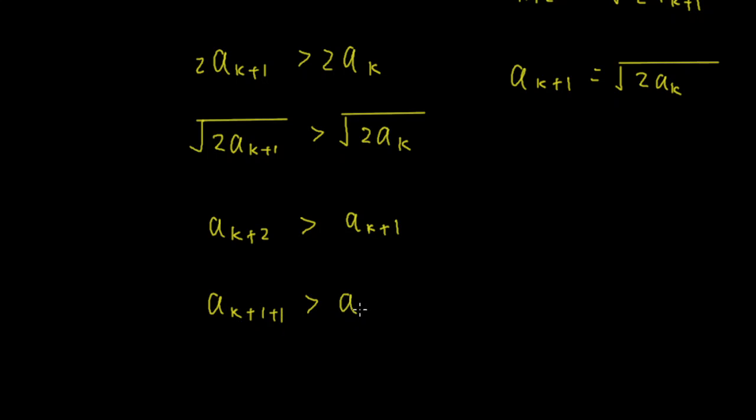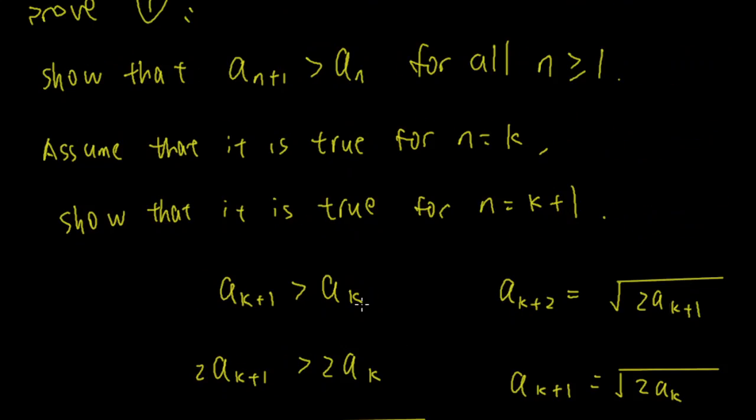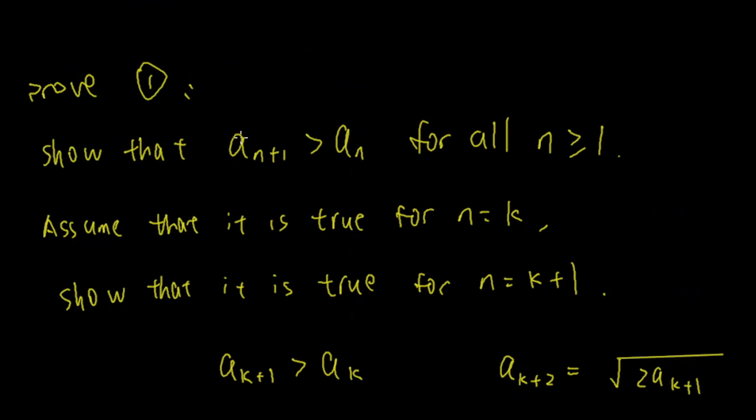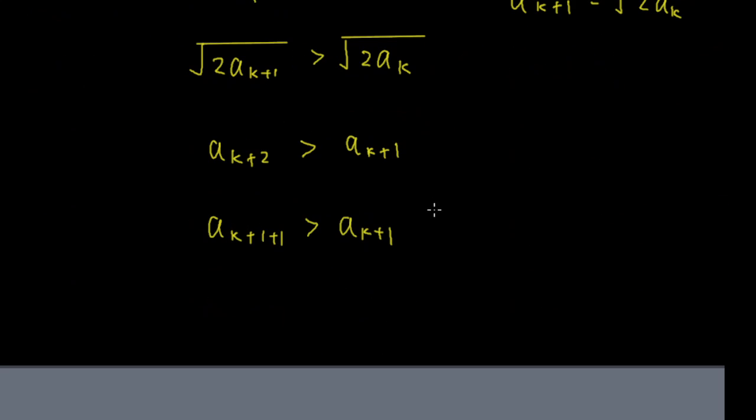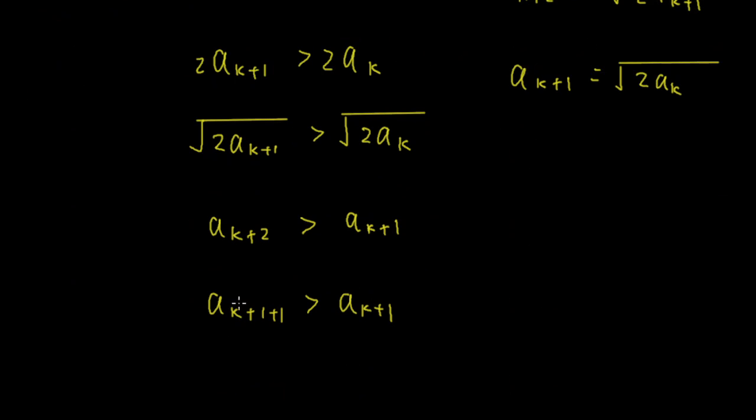It's greater than a sub k plus 1, right? 1 plus 1 is 2. Okay, so let's go back here. This is what we should be looking at, okay? So a sub n plus 1 is greater than a sub n, right? So in this case, we can say that k plus 1 is equal to n, right?